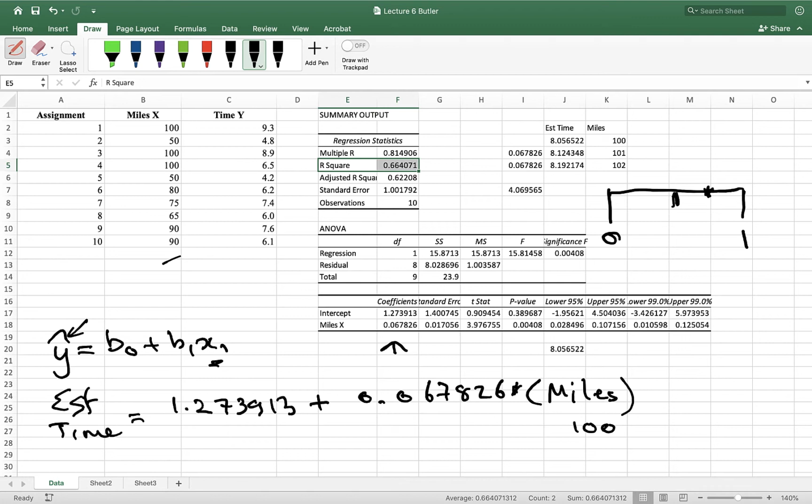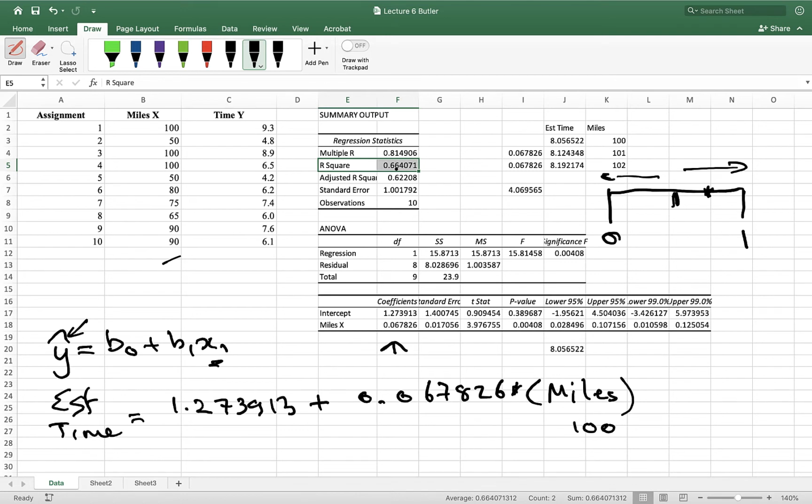So it's telling you how close you are to the model being perfect, as opposed to being no good as you move back towards 0. And the 66% is also telling me that there are other factors that account for 34% of the time it takes you to make your deliveries, which are not being picked up in this model.